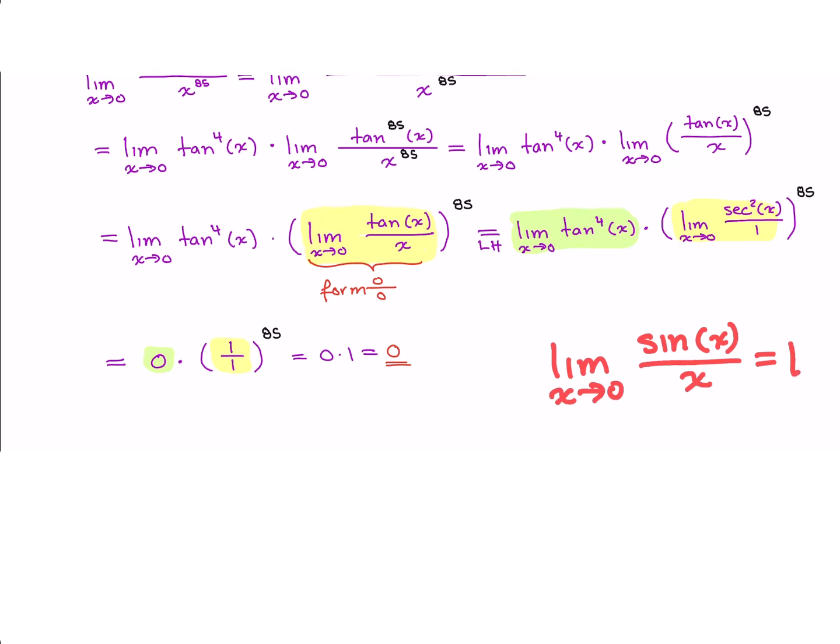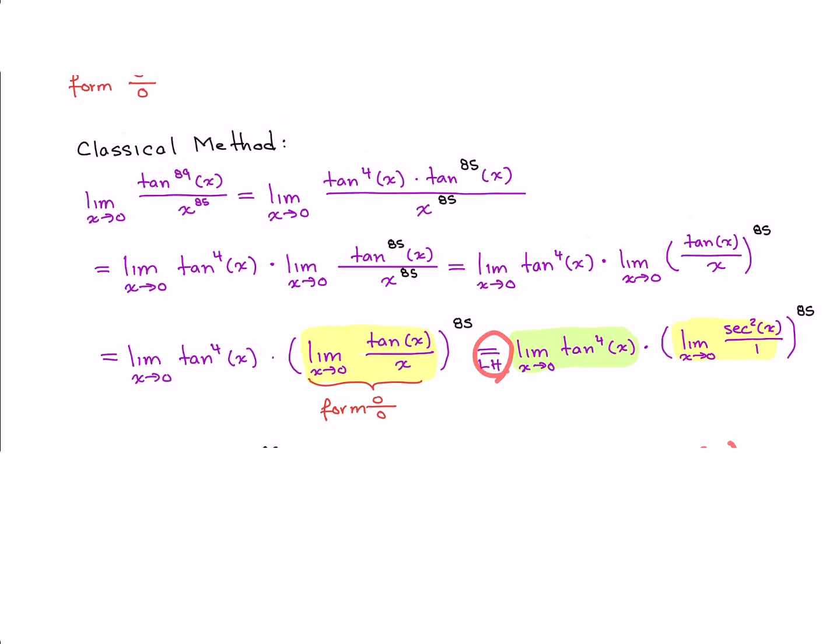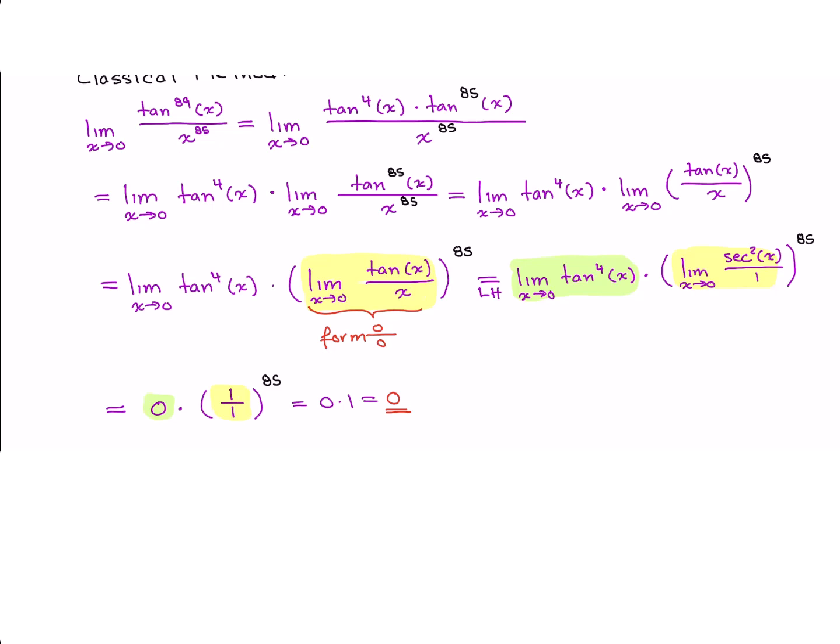But if I would have not gone for L'Hopital's rule and I would have stayed purely in a classical Calculus 1 motif, I would have separated that out. Again, still all inside the parentheses with the exponent to the 85th power, and work that out thusly.